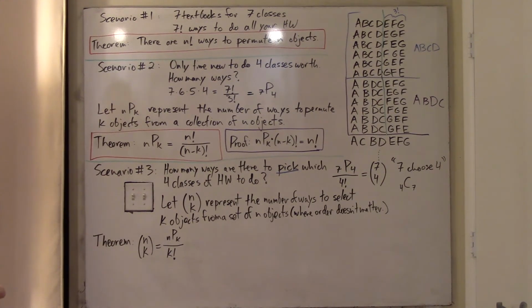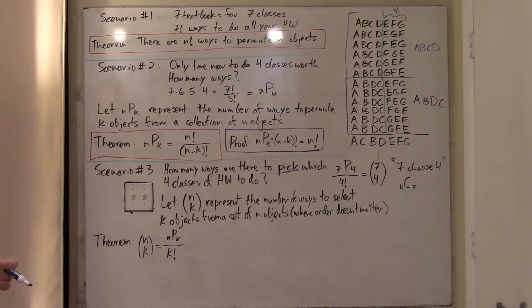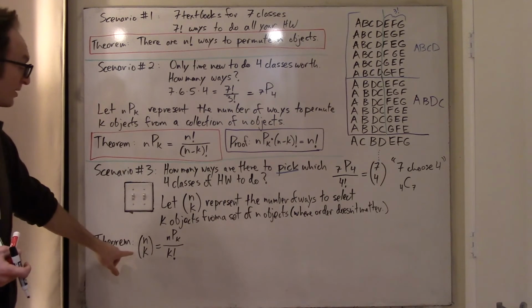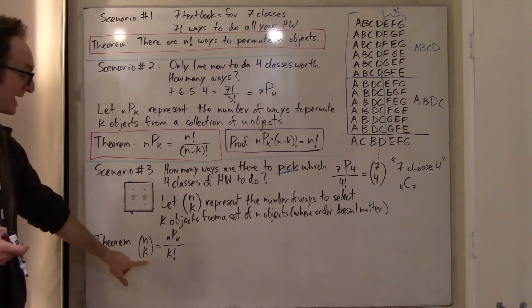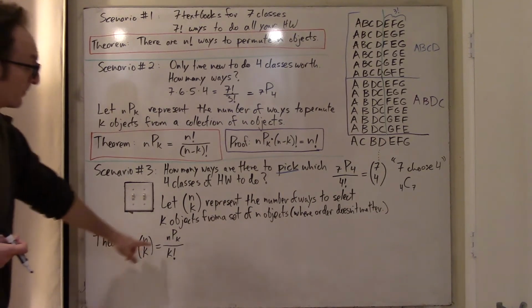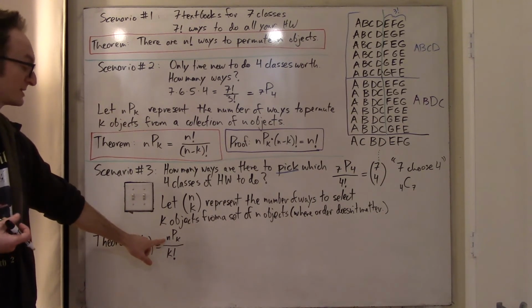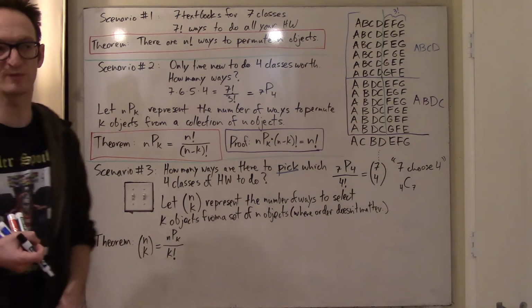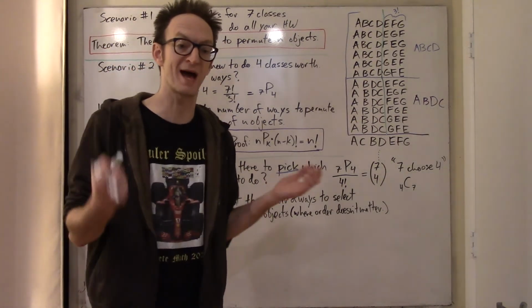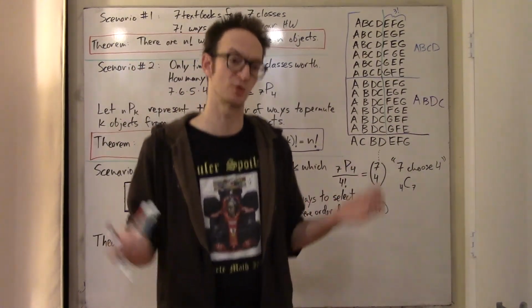And yeah, the theorem that generalizes what we just discussed a minute ago is that the number of ways to choose k objects from a set of n objects can be constructed as follows. Let nPk be the number of ways to permute k objects from a set of n objects, and then decide after the fact that you don't care about the order of the objects that you selected.